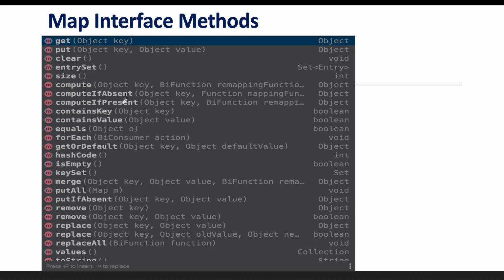We know a map can contain only unique keys, so in this case it is going to override it. Let's say we want to store some new value for the existing key, then we can use this one. This is helpful if we want to check first whether the key is available, and then only update it. If the key is not available and we want to insert the value, then we can use compute if absent. We will see it with the help of an example also.